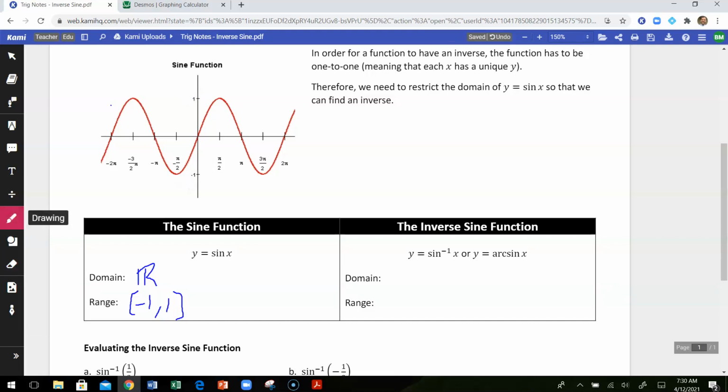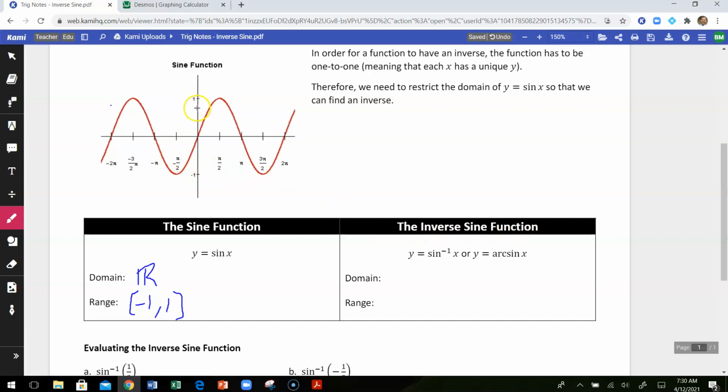Now, again, it's not as simple as to do the inverse sine function to flip these. For some functions it is. For 1-to-1 functions, all I got to do is flip this, and that becomes my inverse function.